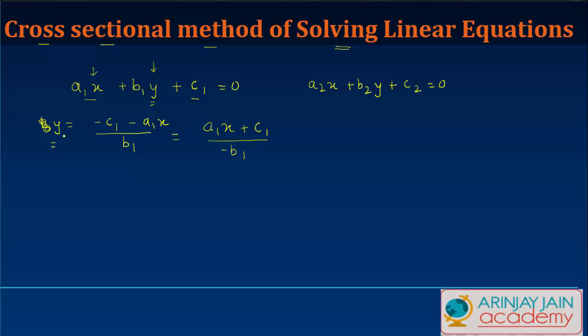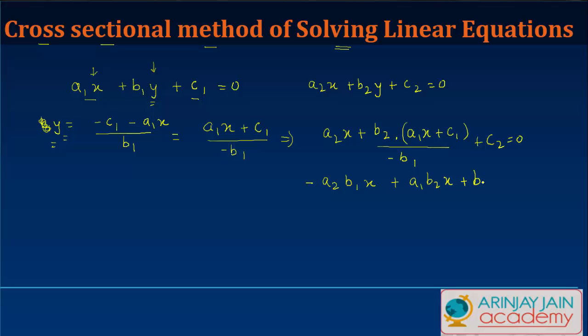Now if I substitute the value of y in this particular equation, what do I get? I get a2x plus b2 into minus a1x plus c1 divided by b1, plus c2 is equal to 0. Resolving this equation, I get minus a2 b1x plus a1 b2x plus b2 c1, divided by minus b1, is equal to minus c2.